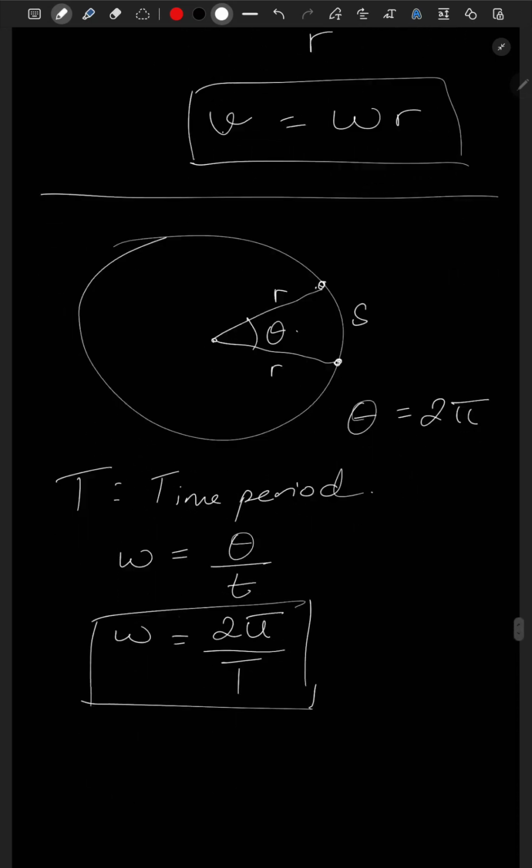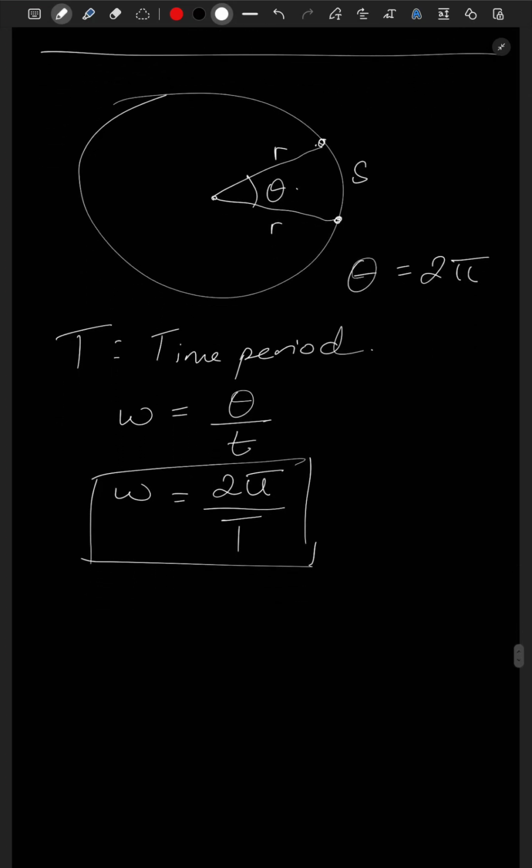Okay. Now we can relate this to the frequency, because you know that frequency is the number of rotations per unit time. So it is given in units of hertz, or 1/second.